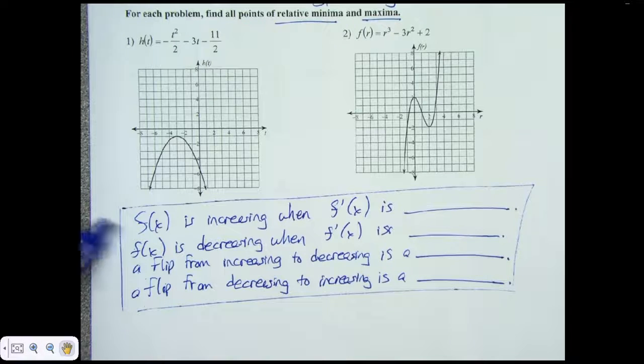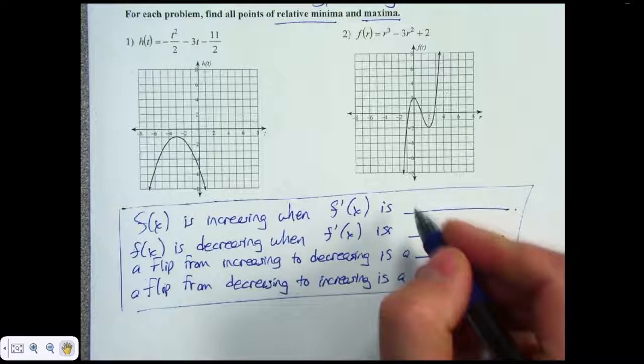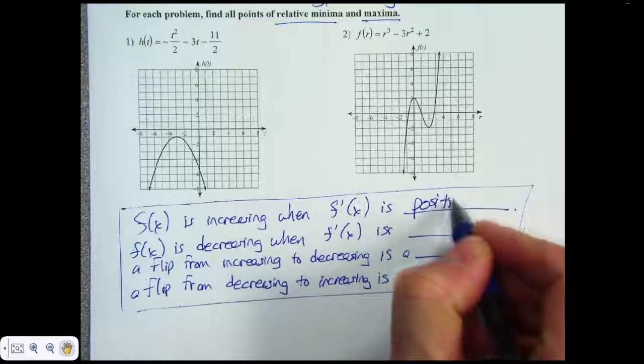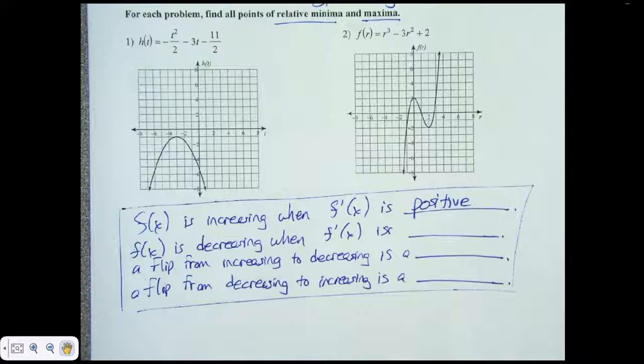Okay. F of x is increasing when f prime is. Hopefully you guys can tell me that. If the derivative is blank, then what? Then f prime is, then f is increasing. Yeah, positive. So if the slope is positive, there is a big difference between the two words positive and increasing. Positive just means above zero.